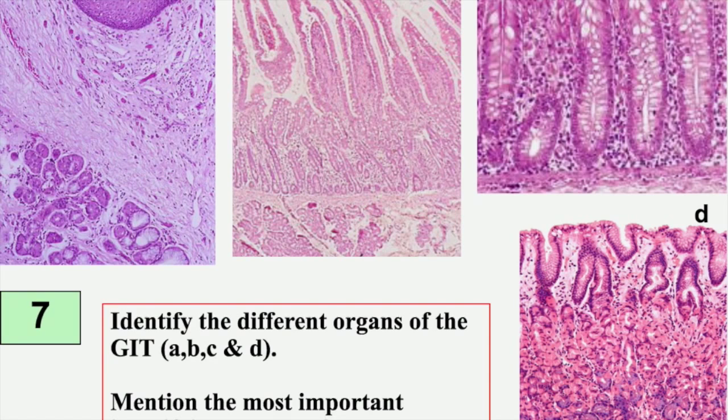It is 1, 2, 3, 4, so it is 1 to 4, so this is the fundic mucosa. This is the fundus of the stomach because of the presence of the gastric pits and the gastric glands with the ratio of 1 to 4 and the presence of the basophilic cells in the lower part of the gland, which is the chief cell or the peptic cell.